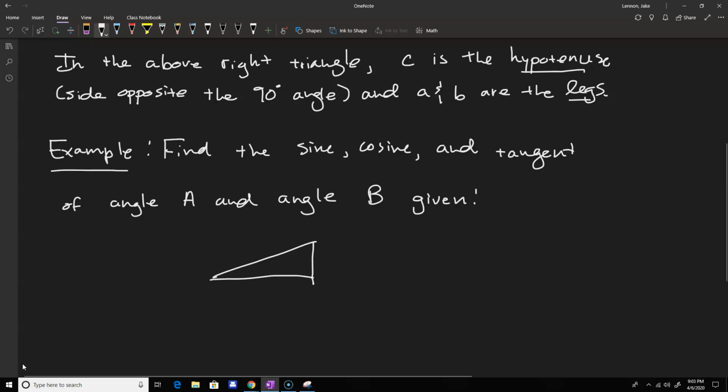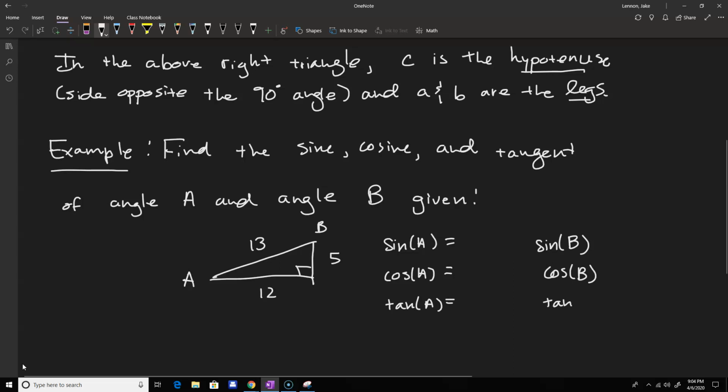So here's our right triangle, and let's say the side lengths are 5, 12, and 13. And let's say this angle is angle A, and this angle is angle B. So basically what we want to do is write down the 6 ratios. So we want to write down sine of angle A, cosine of angle A, tangent of angle A. So we want to write what those 3 ratios are. And then we want to do the same thing, but from the perspective of angle B.